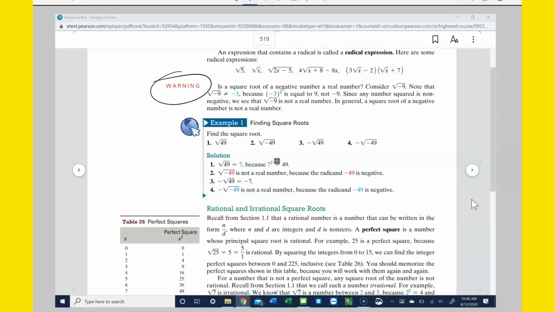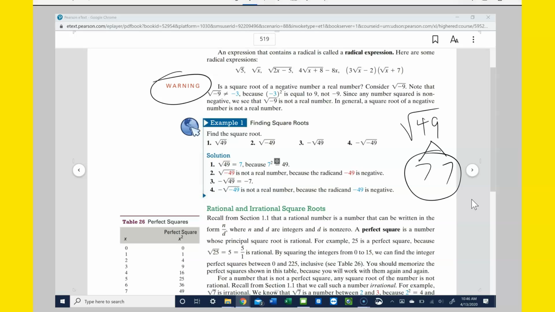All right, so when we're doing the square root of a number, like let's say the square root of 49 here on number 1, what we're trying to say is what number times itself gives you 49? What number when you square it gives you 49? Well, we can break this down to 7 times 7. And so since a pair of 7s multiplying with each other give you 49, the square root of 49 is 7. So the answer to the first example here is 7. Number 2, the square root of negative 49, because there's a negative under the radical, we're just going to say that that's not a real number.